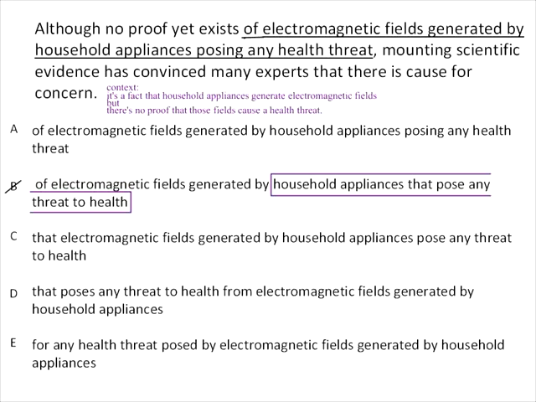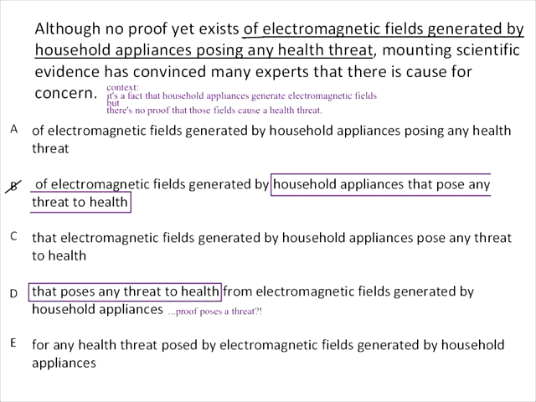So that's not correct. And then D would mean that the proof itself poses a threat, because if you look at this modifier, there's a bunch of problems in this choice.